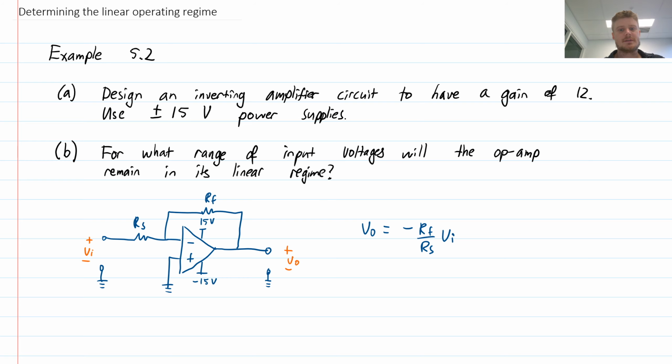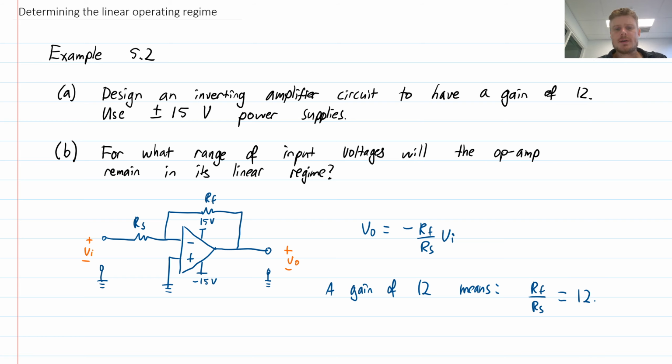So that's kind of our design equation for this circuit. And so the question says we would like to have a gain of 12. So a gain of 12 means that we must have RF divided by RS is equal to 12.